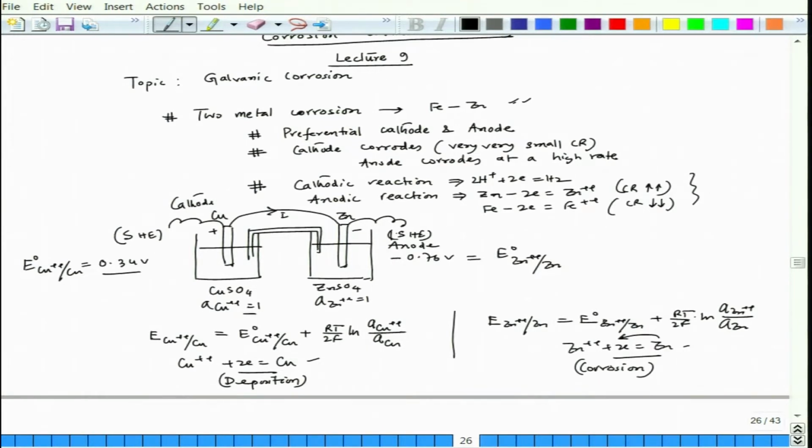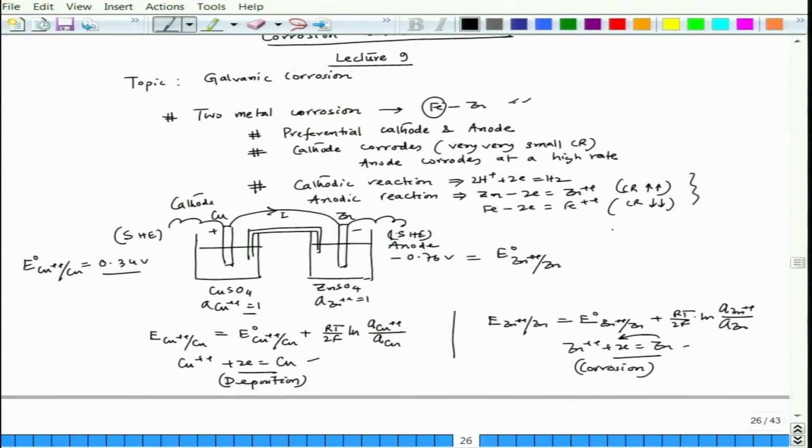For example, here we cannot judge from the iron reduction potential, which is minus 0.44 volt, and zinc, which was minus 0.76 volt standard reduction potential, because those ions are not present in the solution.